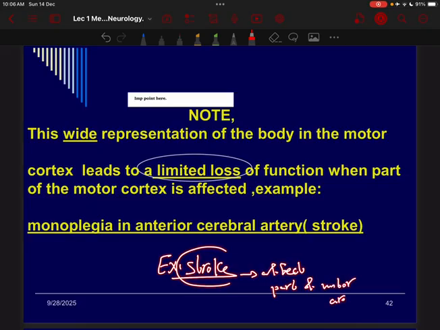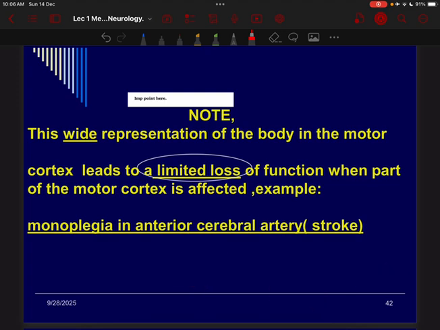Monoplegia. While if we have a lesion below that in the corticospinal tract, we have a weakness on the opposite side, but it is more wide. Hemiplegia. Okay.